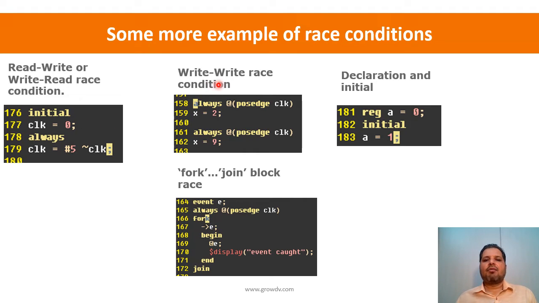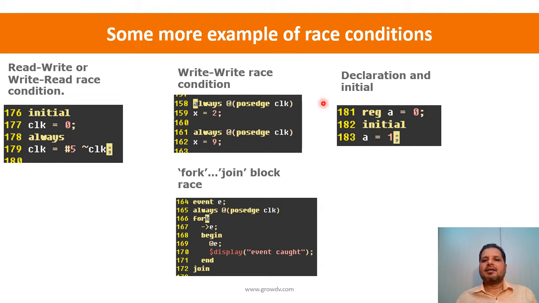And then we have a write-to-write race condition, wherein I am assigning a single variable in two always blocks. Depending on which one executes first, the value of X can be different. So the point we need to notice is the indeterminism.